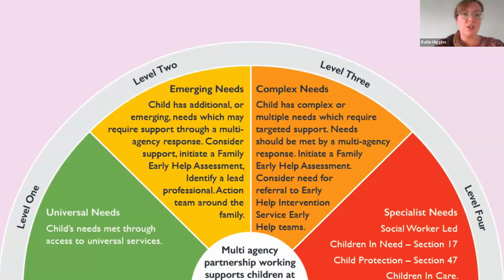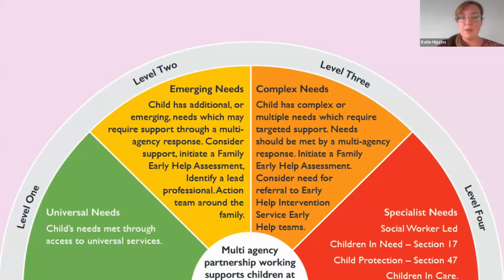So it may be that you've got a child that has a speech and language problem. They would come under level 2 because you've got another service involved with that child. So they're not universal, they've got another service involved in their care. Or it might be a child with a significant health problem who needs to see the paediatrician on a regular basis. Those children would come under level 2. Level 3 is more complex needs, so children that have a lot of services involved.